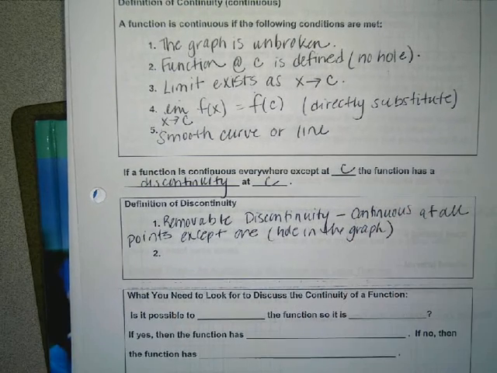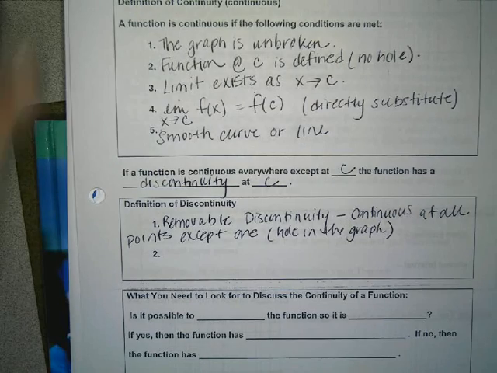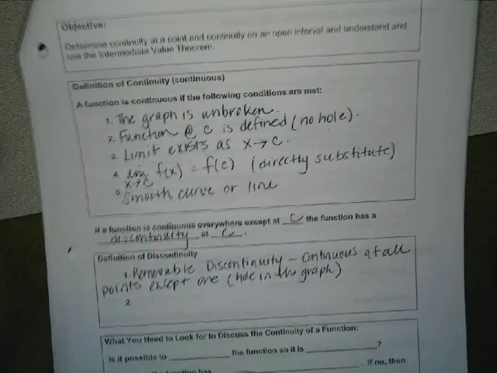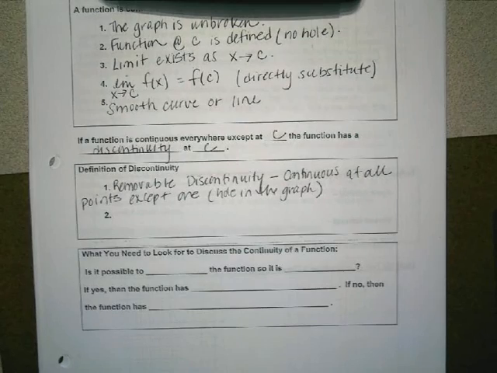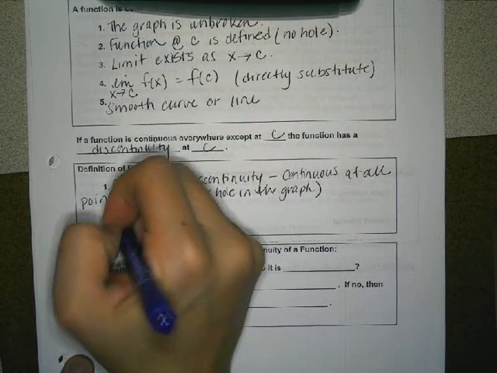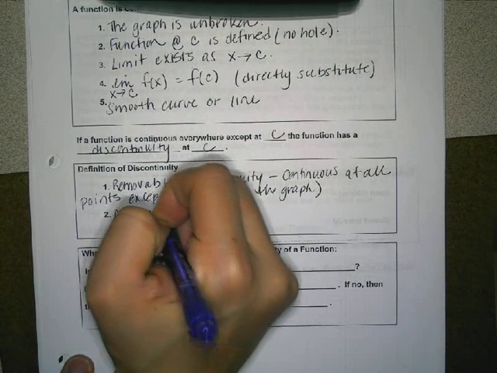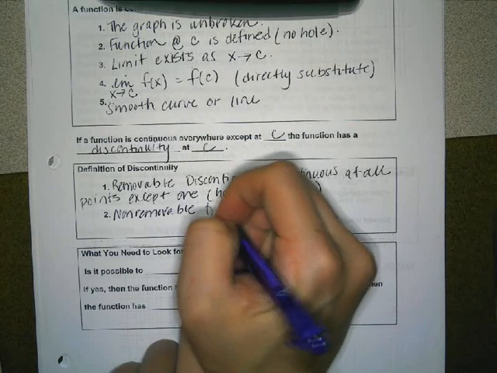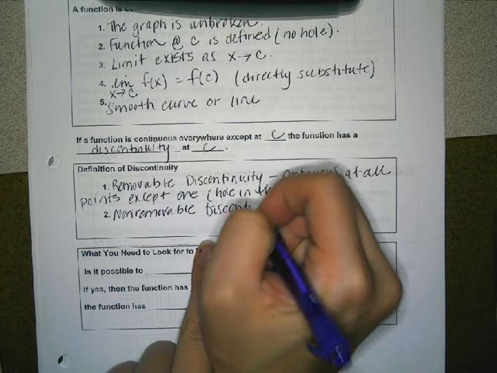So if you were to look at the function, you would not see any major breaks or asymptotes or anything like that. You might just see a hole in the graph. And the other one is called, surprise, surprise, non-removable. They're not really fancy with these terms. Yeah, which makes it nice because it's easy to remember.